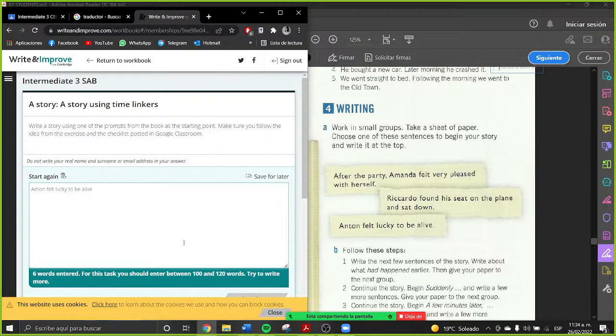The first sentence, bueno, the first paragraph is: he had driven on the highway. Because, no? Because he had driven on the highway. Driven. What did you say? Highway. ¿Así?